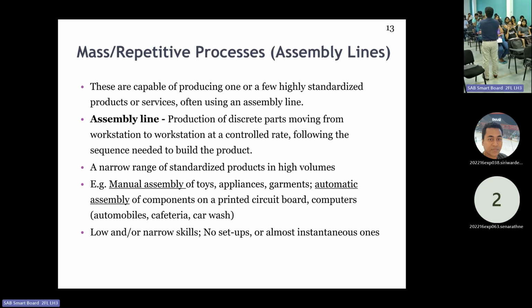Initially, an automobile manufacturer, Ford, attempted to utilize this assembly line concept to manufacture their automobile. They manufactured the Model T, one black color standardized automobile, with a highly efficient assembly line.